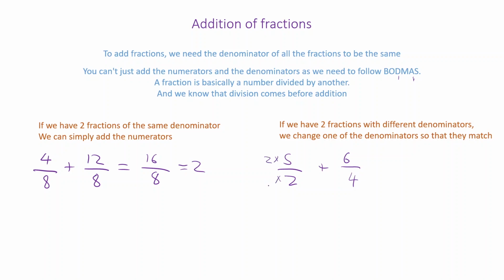So 5 times 2 and 2 times 2. Now 5 times 2 is just 10 and 2 times 2 is 4, plus 6 over 4. Now that we have the same denominators, we can just simply add the numerators and keep the denominators the same. 10 plus 6 gives us 16 and we keep 4 the same. Now this just equates to 4.